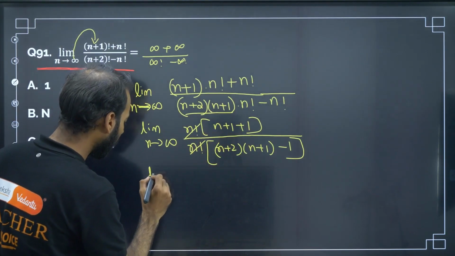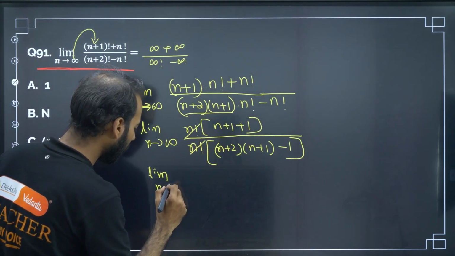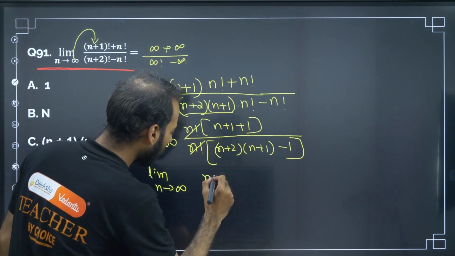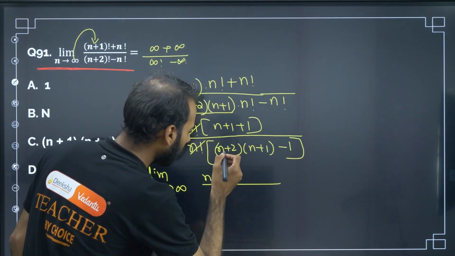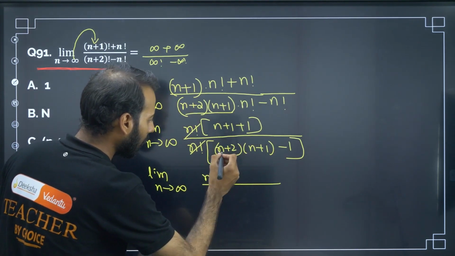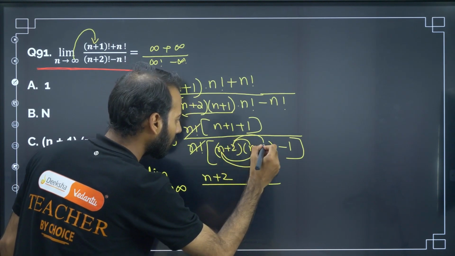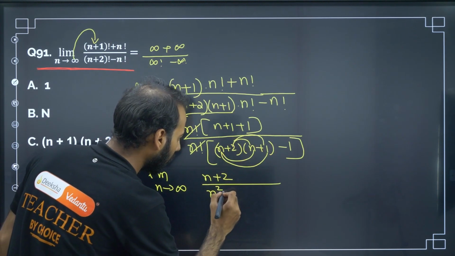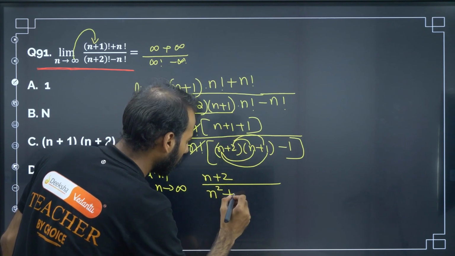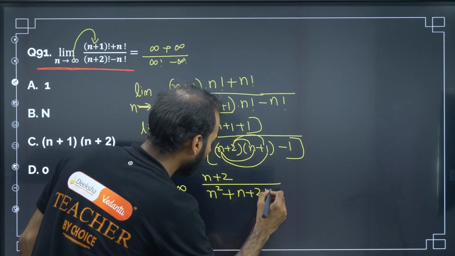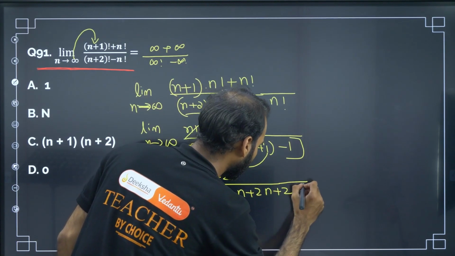Here in the numerator we are left with limit n tends to infinity, n plus 2. If I simplify this denominator, see here: n square plus n plus 2n plus 2, minus 1.